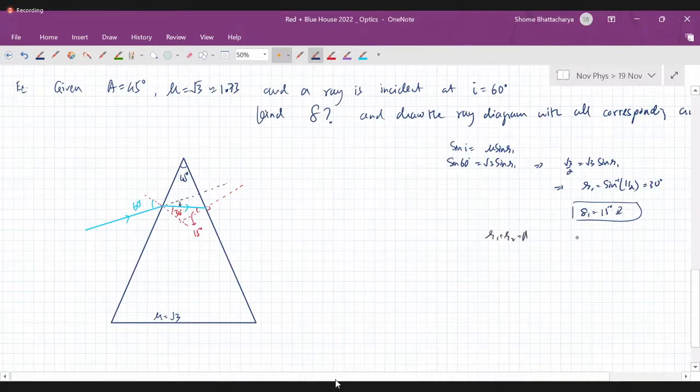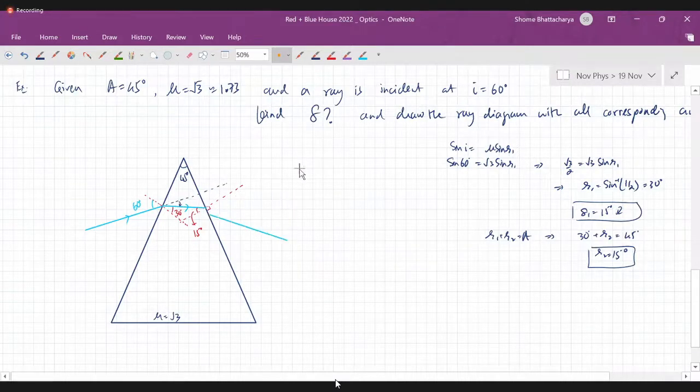So using that, we can see that, again we'll use Snell's law to find out the angle of emergence. And then we are done.